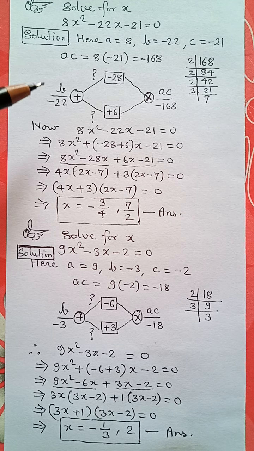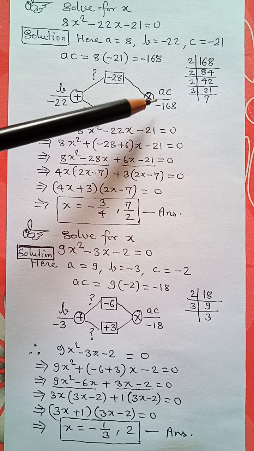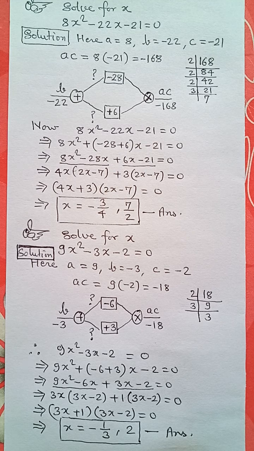We have to split minus 22 into two numbers R and S such that their product is minus 168. Now how can we do that? This is a big problem to us. Let us try to work it out.